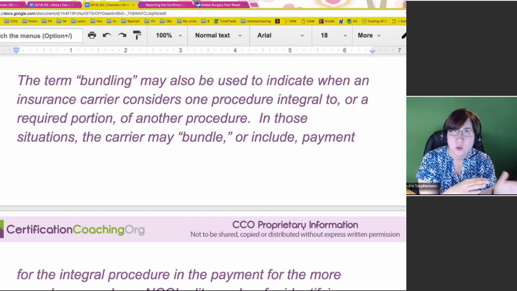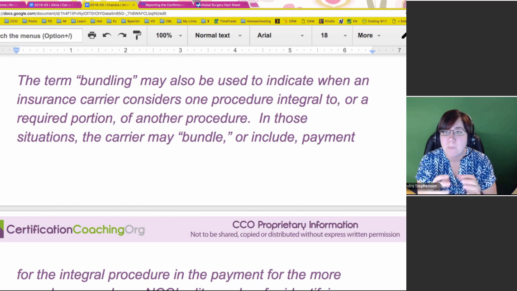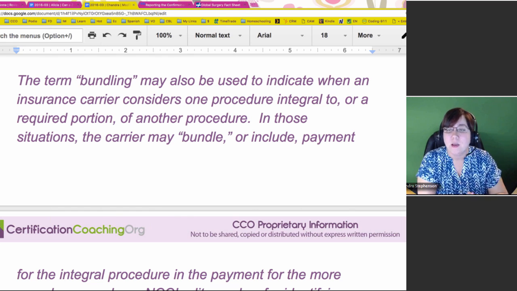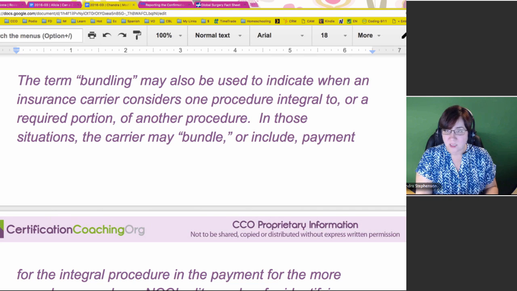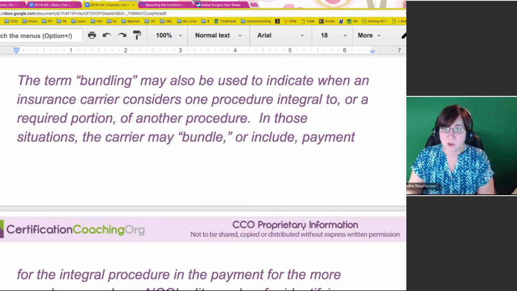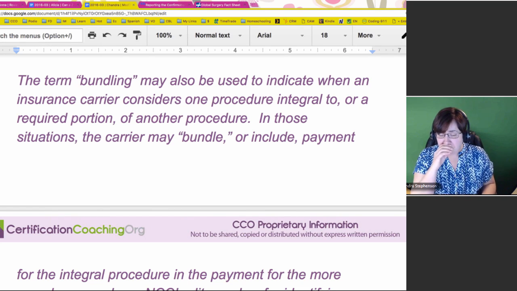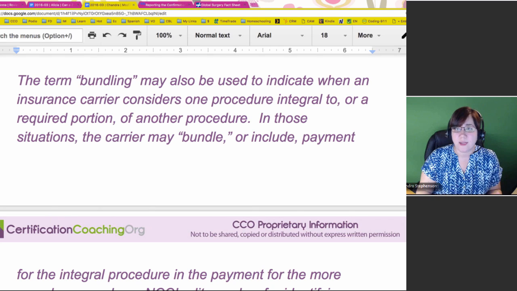Now, surgical packages were one piece. Bundling is another thing. Surgical packages include bundled services, but sometimes bundling is simply saying this procedure is part of this bigger procedure, right? Let's say I do a partial colectomy, removing part of the colon.